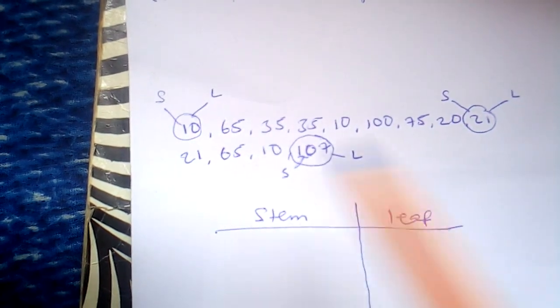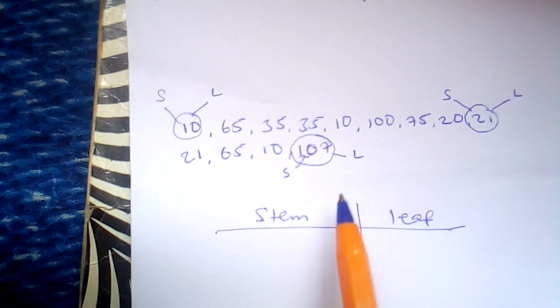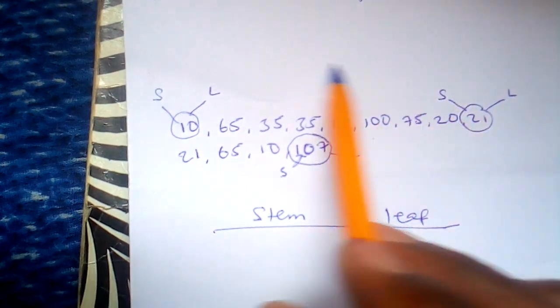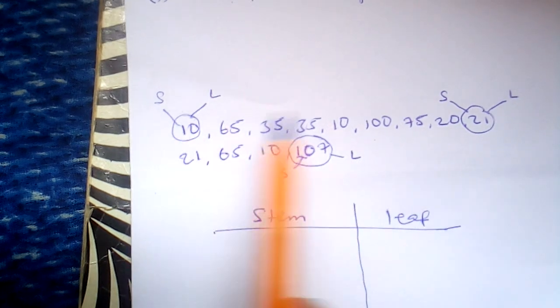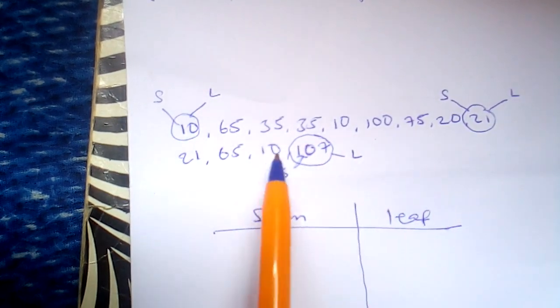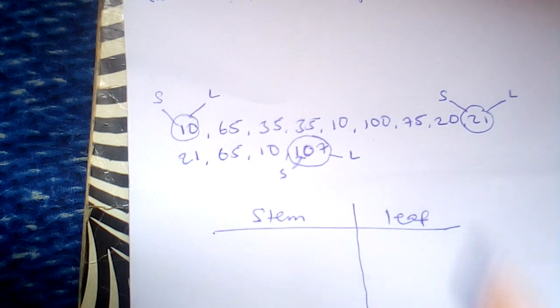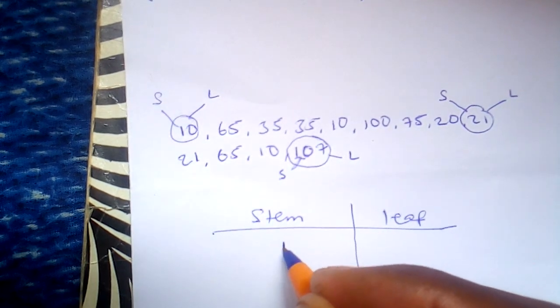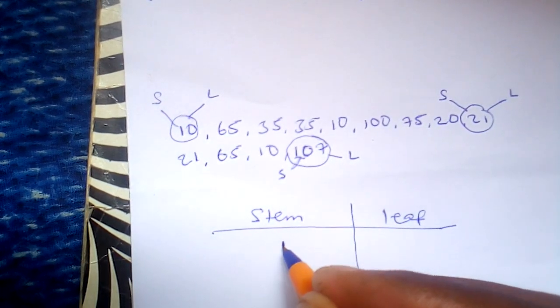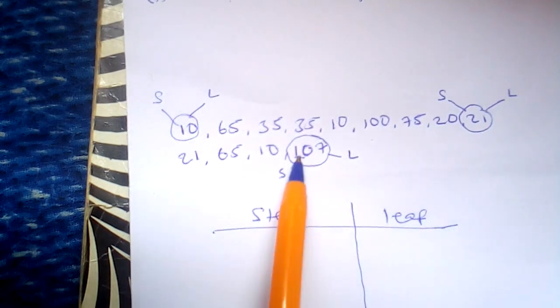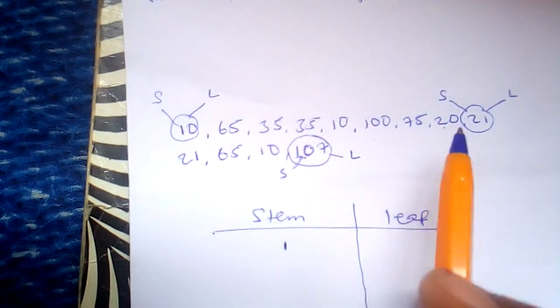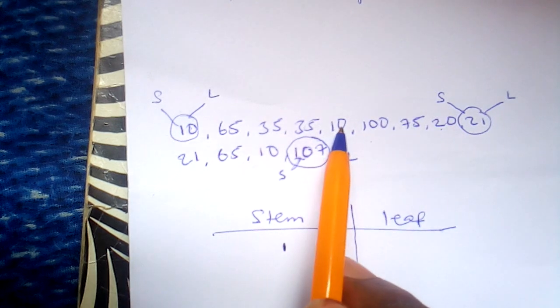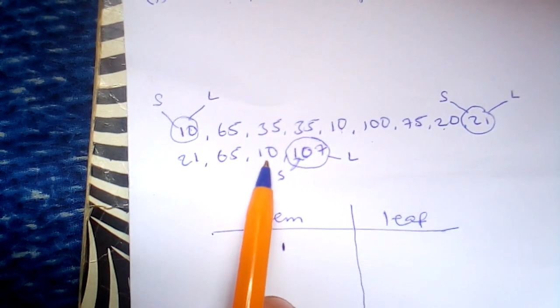So you check the smallest number here, it is 10. In this data set, the smallest number is 10. I've got 1, 2, 3 tens. So I'm just going to put 1, because this is 10, this is 10, this is another 10 here.